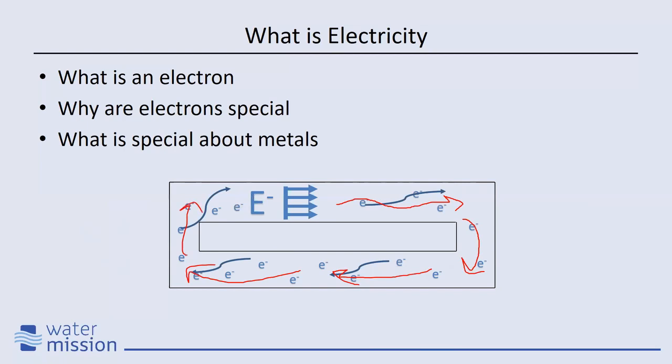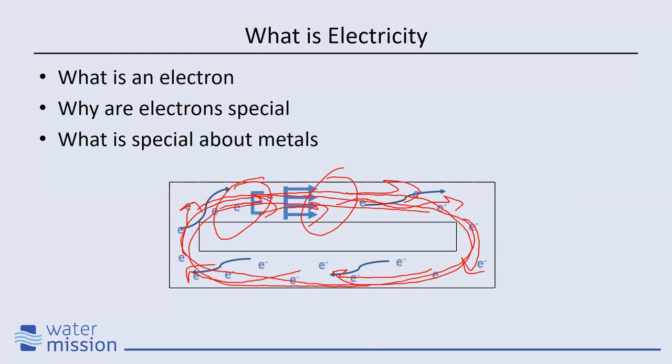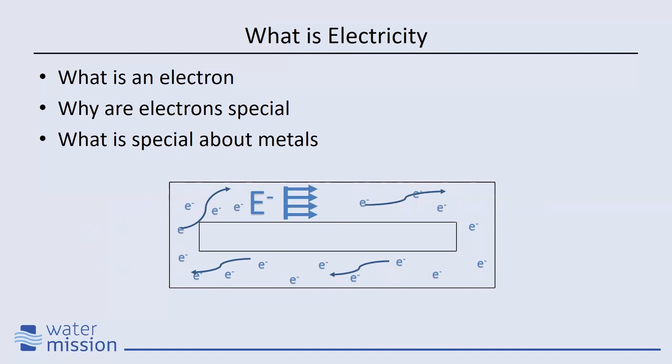Just like molecules of water can flow in a channel if you have a pump moving that water, creating water pressure. These electrons are going to flow. And since these electrons here have already moved forward, these electrons in the back can move forward into their place. And we're going to get a continuous flow of electrons so long as we have that electrical pressure being applied to this wire.